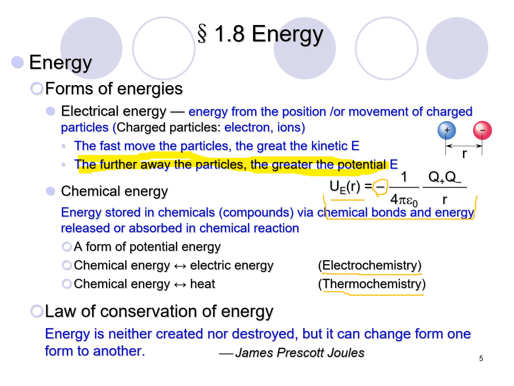And for all these forms of energies, there's a law for them. We call it the law of conservation of energy. That means energy is neither created nor destroyed, but it can change from one form to another. It was discovered by James Prescott Joule.